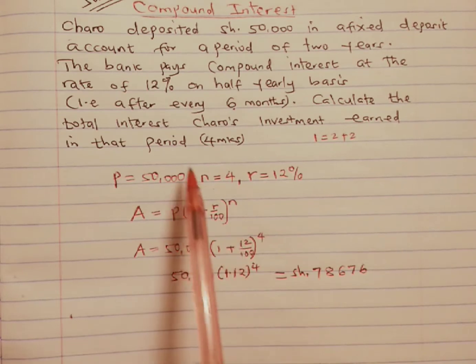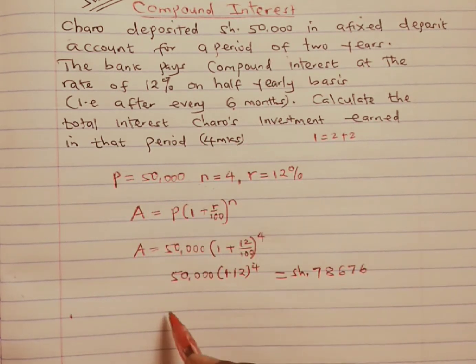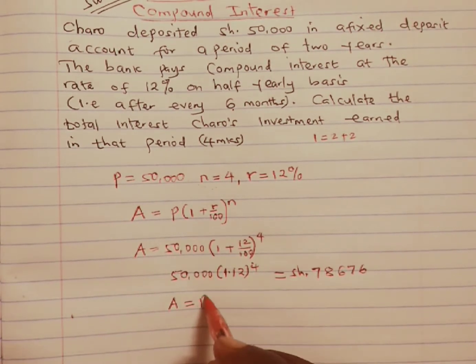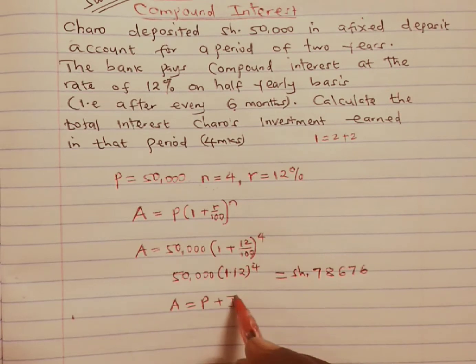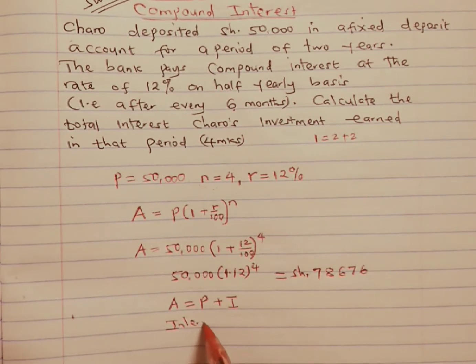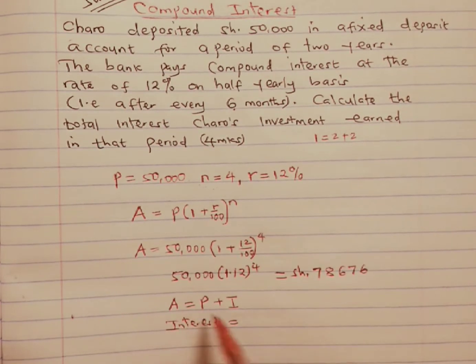So the question we are working on is calculating the total interest, and we know amount is usually given by principal plus interest, and therefore for us to get the interest, we are going to take the amount minus the principal.